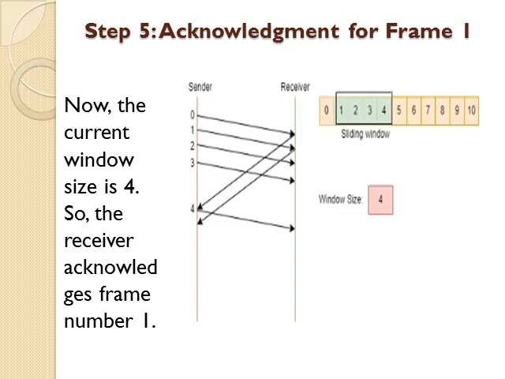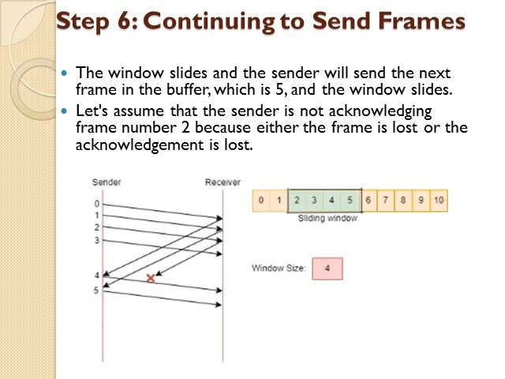Now, here we have received the acknowledgement for the first frame also. So, the sliding window will move from 1 to 5. So after that, 2, 3, 4 and 5, fifth frame will also be transmitted as the window size is 4. Fifth frame is also being transmitted.